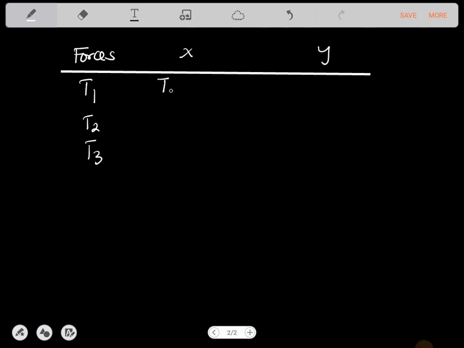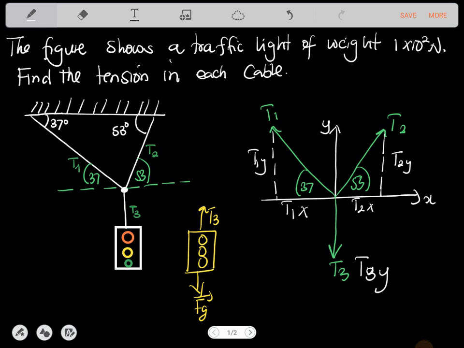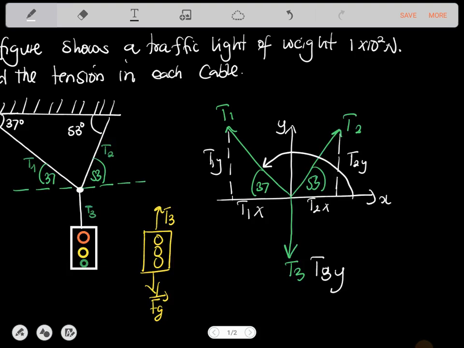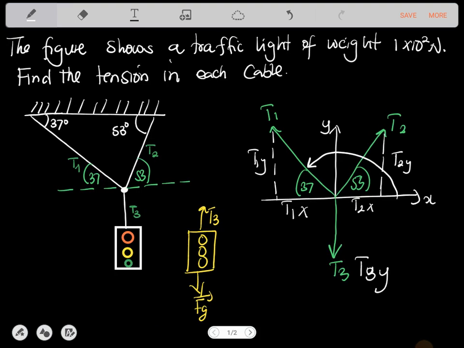So for T1, in the X-axis, we have T1 cos 37. Remember that the X-axis was always associated with what? But which angle are we going to get? We are going to get the angle all the way from here up to here. Now, I've already used 37, which I know will be negative. Why? Because cosine in the second quadrant is negative.